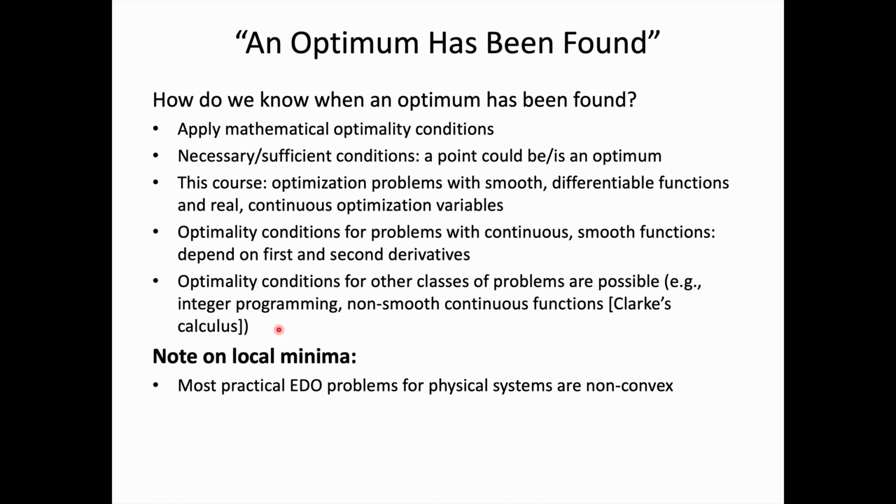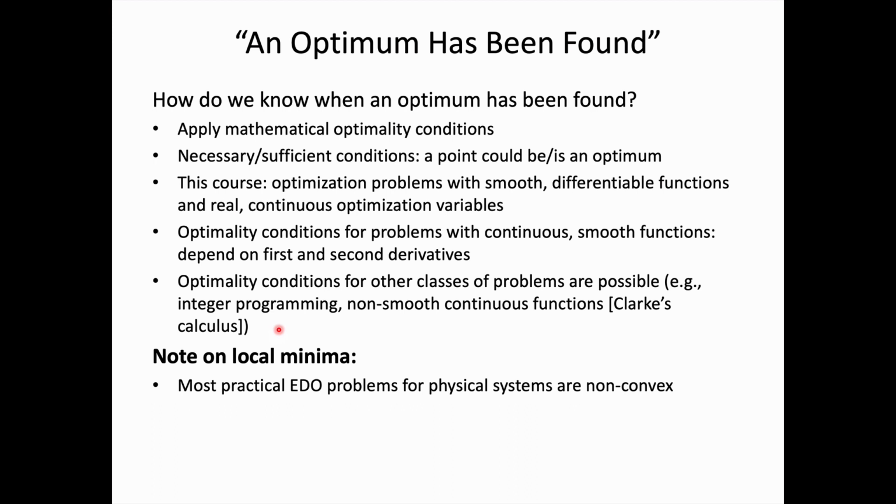Typically, we cannot guarantee that we've found a global minimum. There are some special cases where we can guarantee a global minimum for nonlinear programs, but that's not in general true.